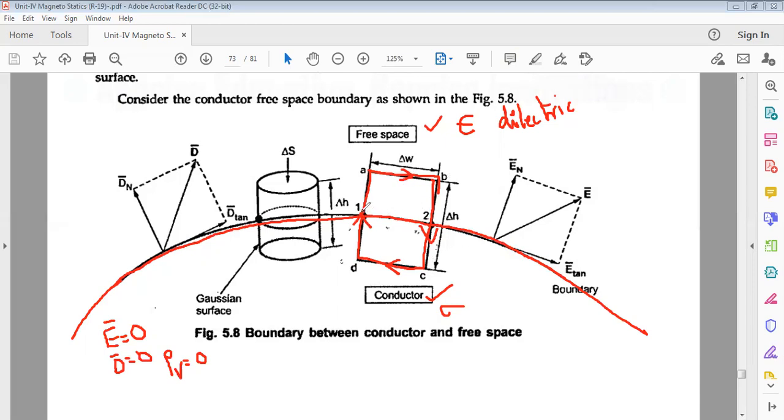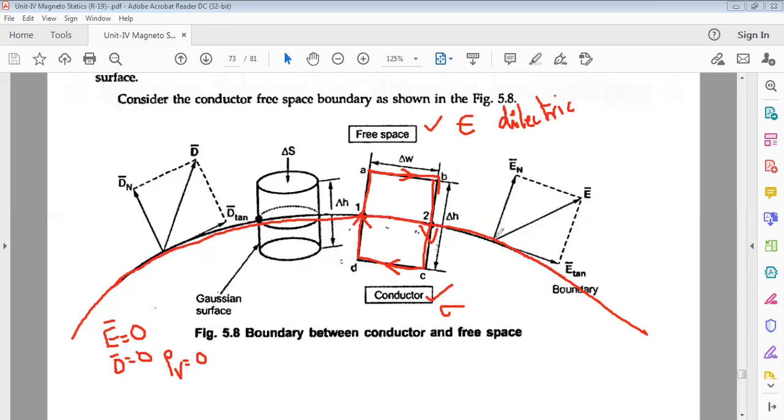Means the path A to B and B to 2 is in the dielectric free space, and the path 2 to C, C to D, and D to 1 is totally in the conductor. Okay, to find the tangential component for the electric field, draw a tangential line E tan bar and a normal E normal.